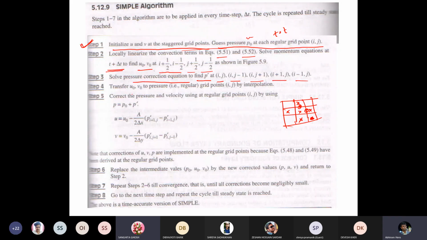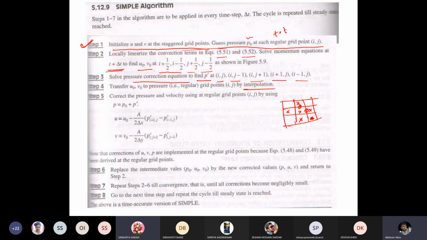Then transfer u0 and v0 to the pressure grid points Ij by interpolation. So that's why this interpolation scheme is required that we were talking about in the last class. Because you have calculated the value at these face points. Now we will check, because my pressure and velocity are at different points.